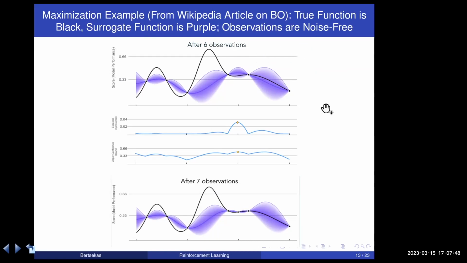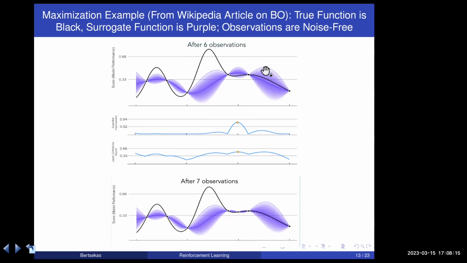And here, what you see is the true function f, which is the black function. You also see the surrogate, which is the posterior, based on 6 observations for this particular figure. So we have taken 6 noise-free observations, and we have observed the function at these 6 points: 1, 2, 3, 4, 5, 6.